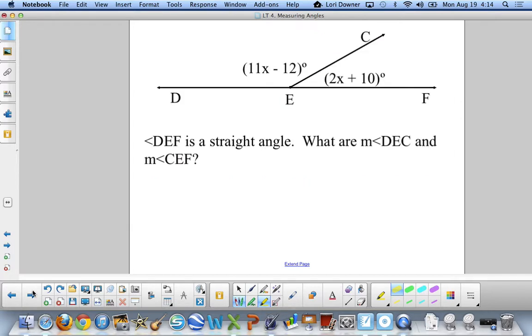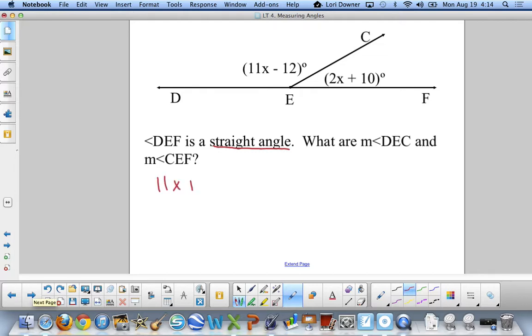Angle DEF is a straight angle. What are the measures of DEC and CEF? Pause the movie, try this, press play when you are ready. If DEF is a straight angle, we know that they add up to be 180 degrees.